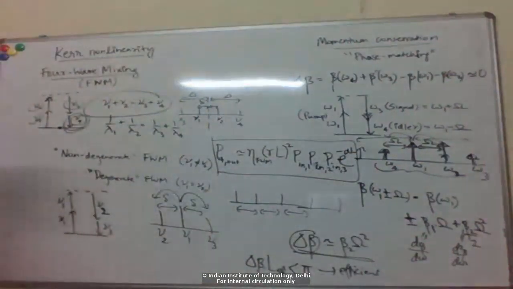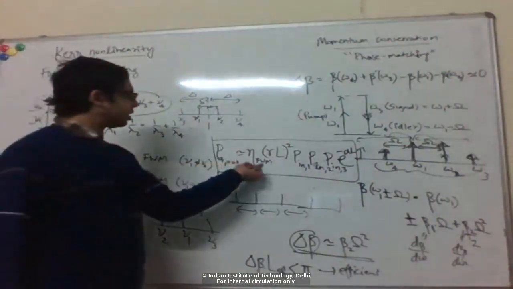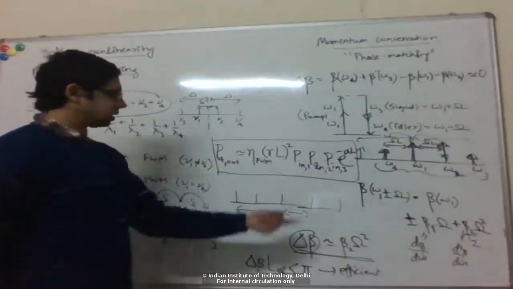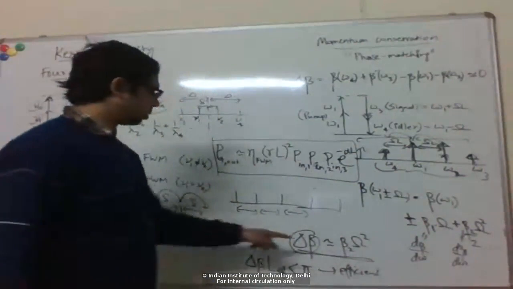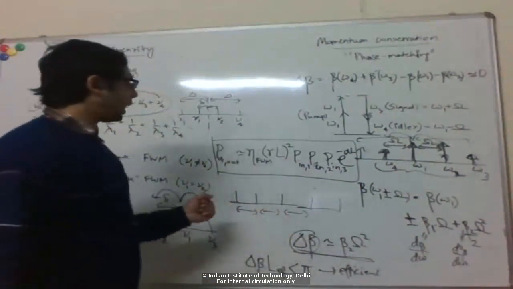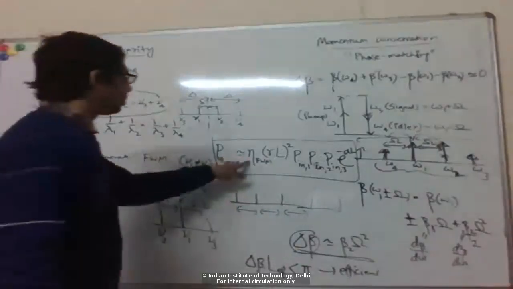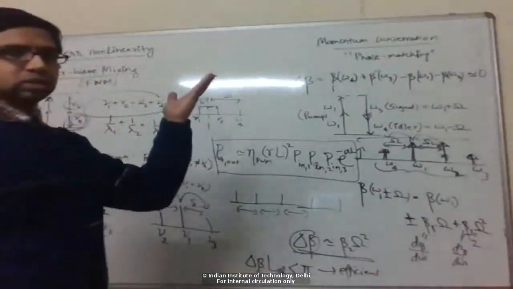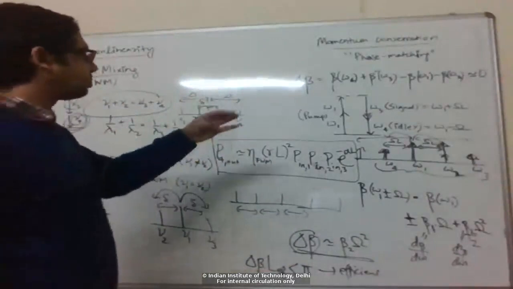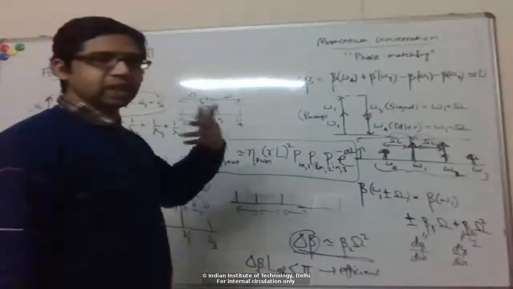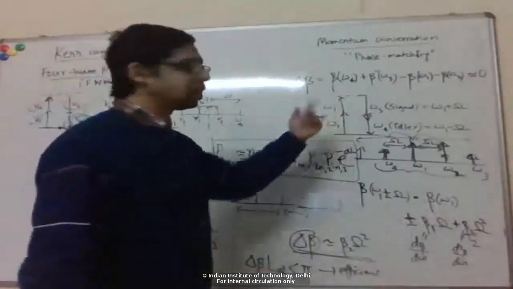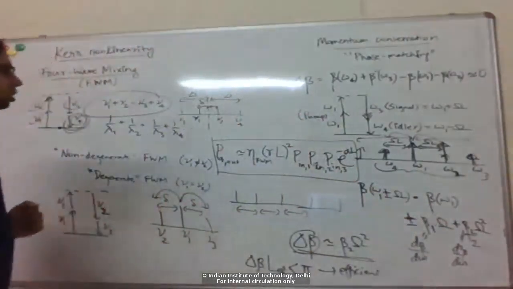Okay, so this 4-way mixing efficiency depends on the dispersion coefficient, so this phase mismatch, and the linear loss alpha. Right, so you can imagine if the fiber has large loss, the powers decay very fast due to just linear loss, so this nonlinear interaction is weak, right?